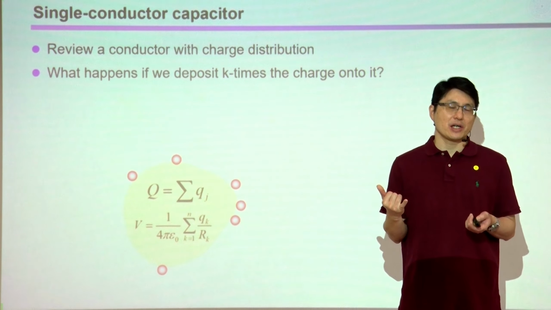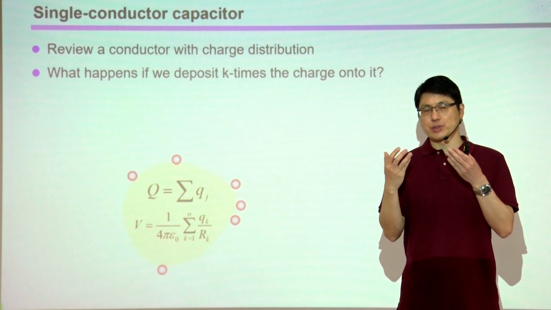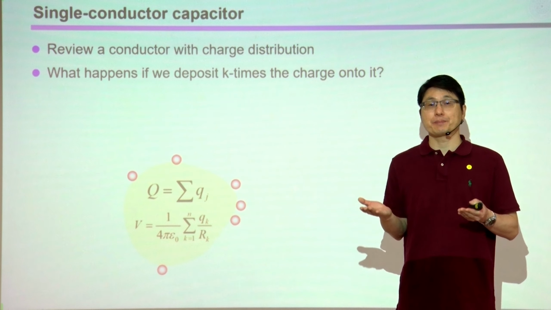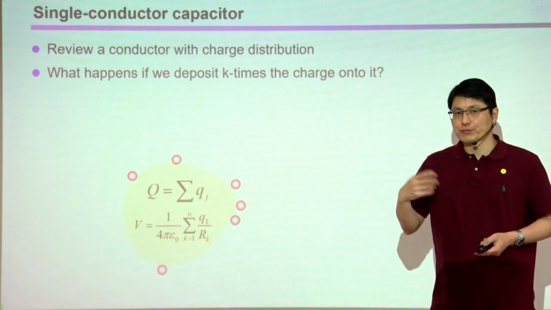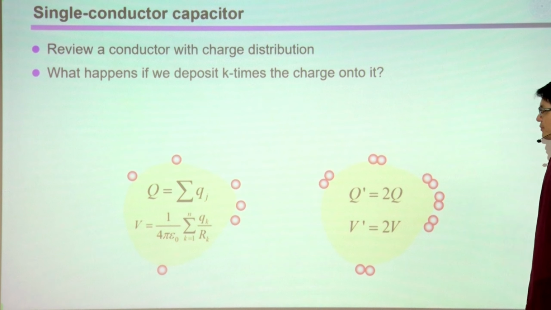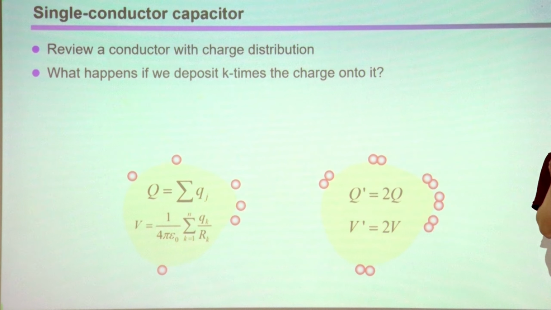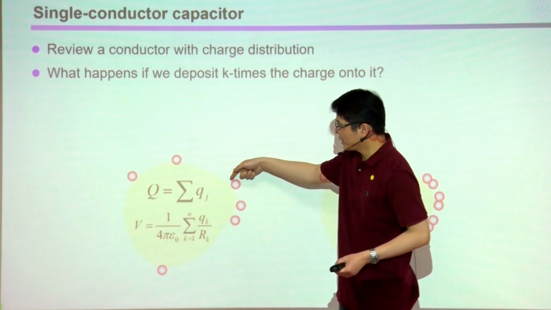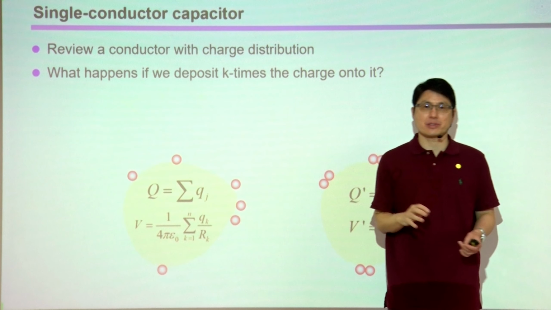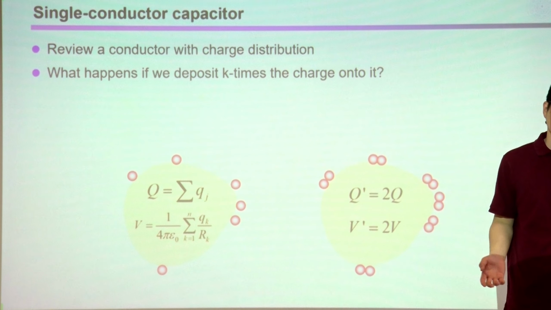So these 6 charges together give rise to certain electric potential. And your friend is donating another 6 charges. And he's asking you, well, if I place these identical charges very close to your original charges, what is the resulting potential?